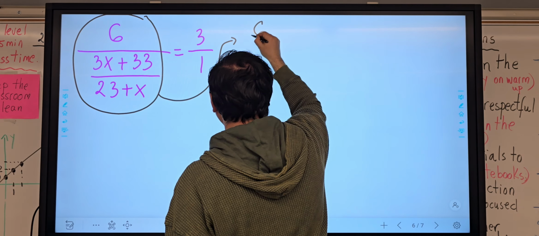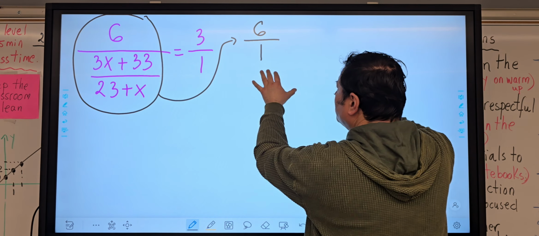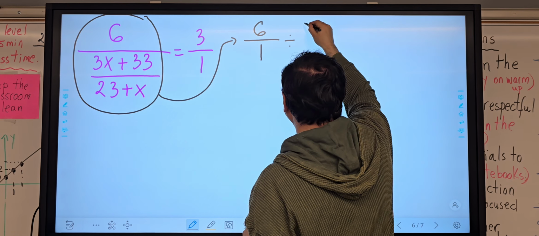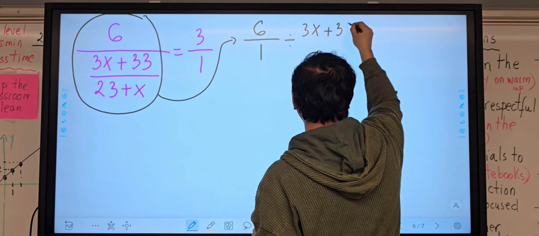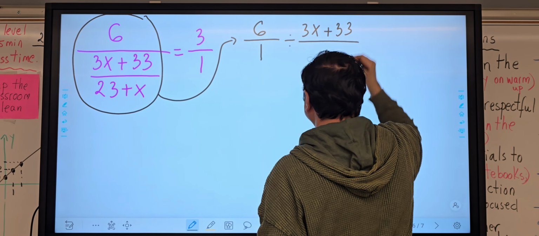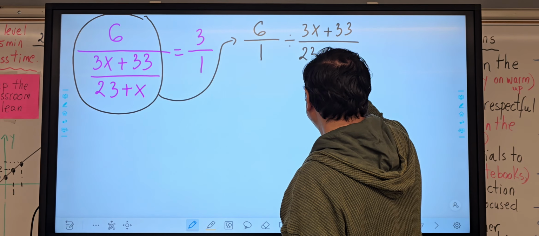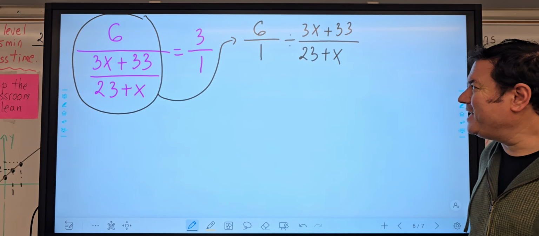So we have 6 over 1, remember, 1 can be put on the bottom, divided by 3x plus 33 over 23 plus x, and let's see what we get.